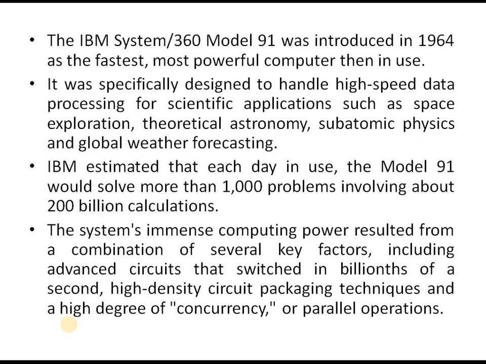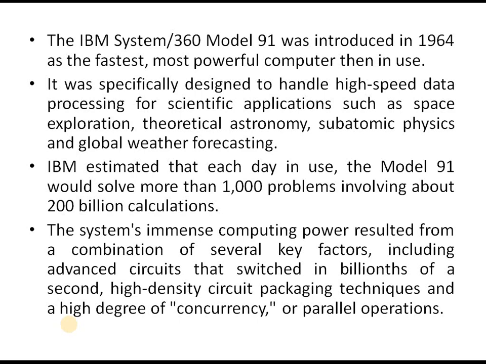The IBM System 360 was introduced in 1964 as the fastest, most powerful computer then in use. It was specifically designed to handle high-speed data processing for scientific applications such as space exploration, physics, and global weather forecasting.